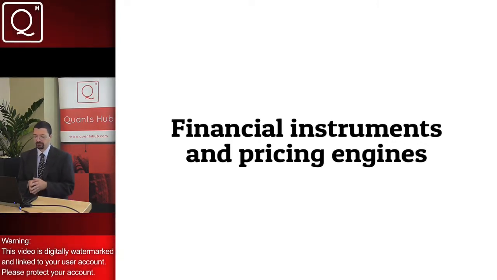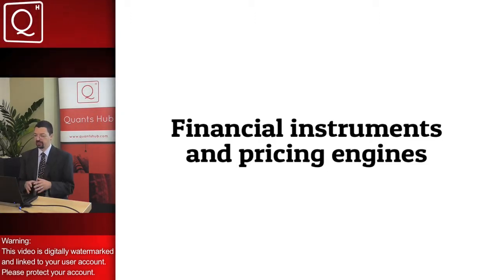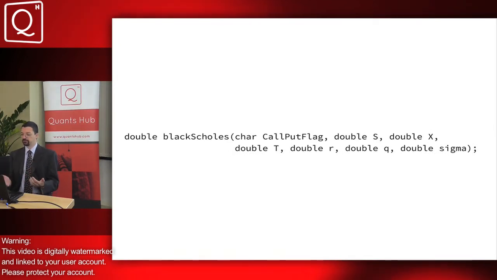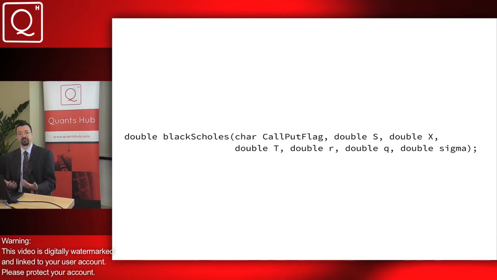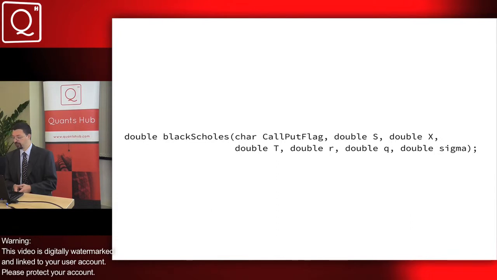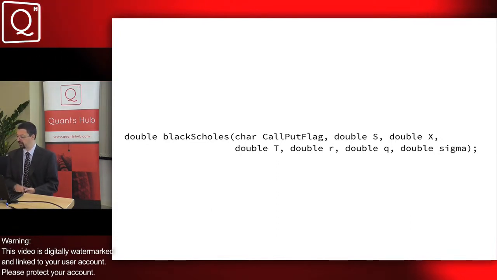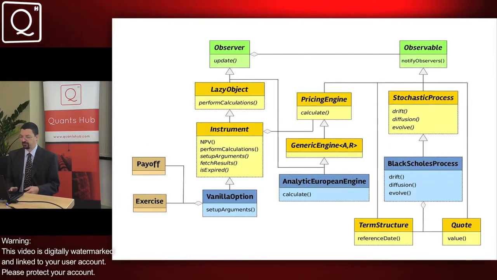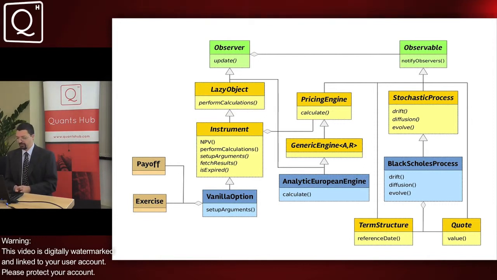In particular, I will try to explain why in our library something that should be as simple as this, I mean, for instance, the price of an option should be just a matter of putting in some kind of inputs and running some kind of mathematical formula and getting an output back, is instead something as complex as this in our current implementation.